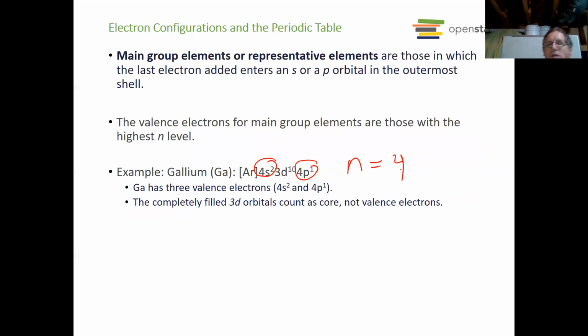Even though there are 3d electrons there, those are not the outer electrons. They're not valence electrons. So if I count the electrons that have n equals 4, I find that there are 3 valence electrons. Later on, we'll find out that I can represent those with dots, and I can show 3 electrons around gallium. We'll look at that a little bit later.